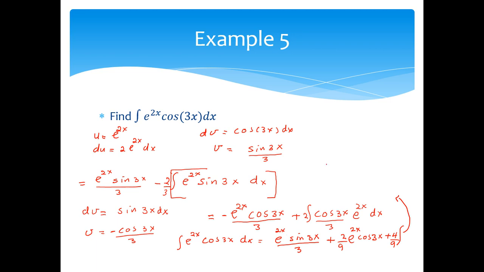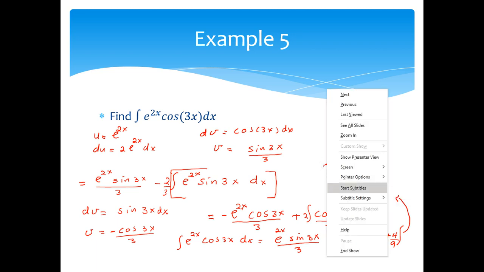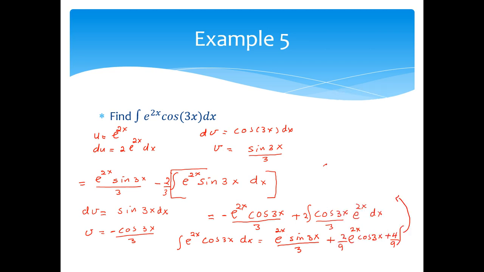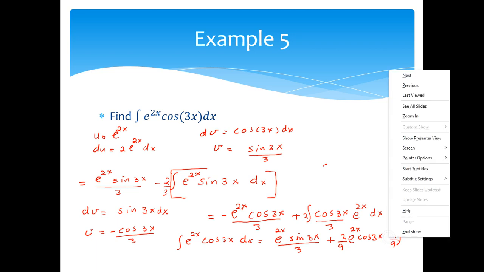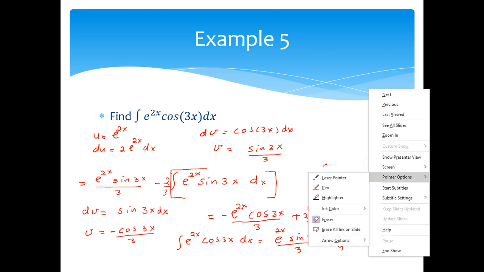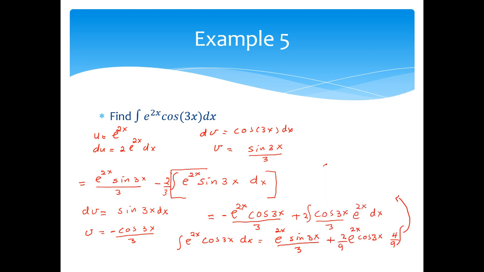So here I'm going to have a negative 4/9 of the integral of e to the 2x cosine of 3x dx.